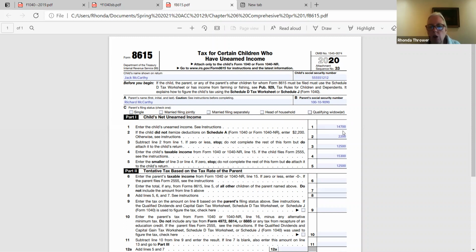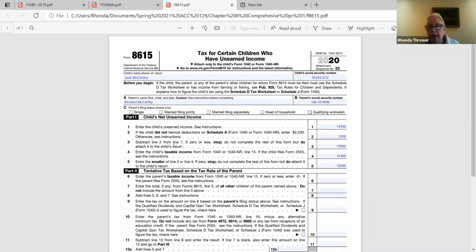This is your unearned income. Then you move to line 2, and it says if the child did not itemize deductions, and they didn't, they took the standard deduction, you're going to enter 2,200. So this is a given number for line 2. You enter 2,200 there.